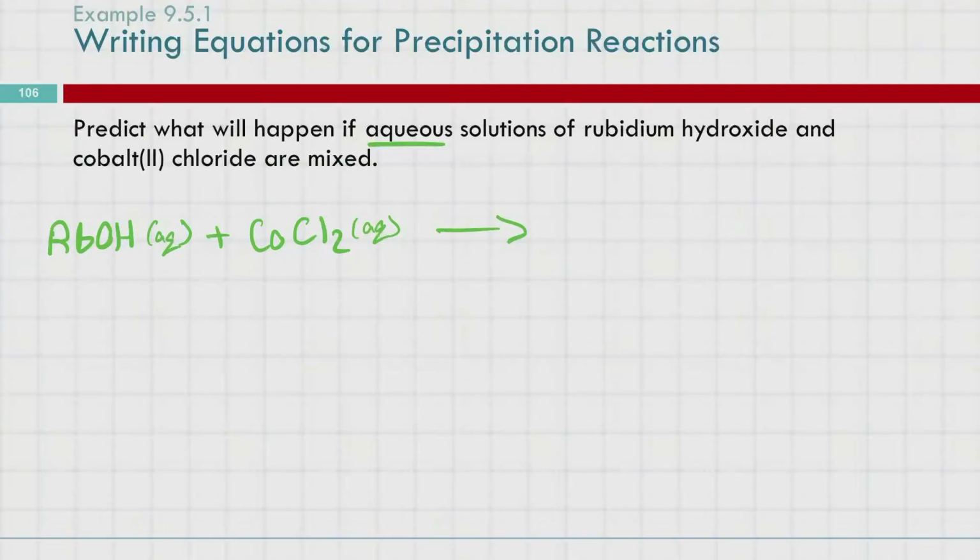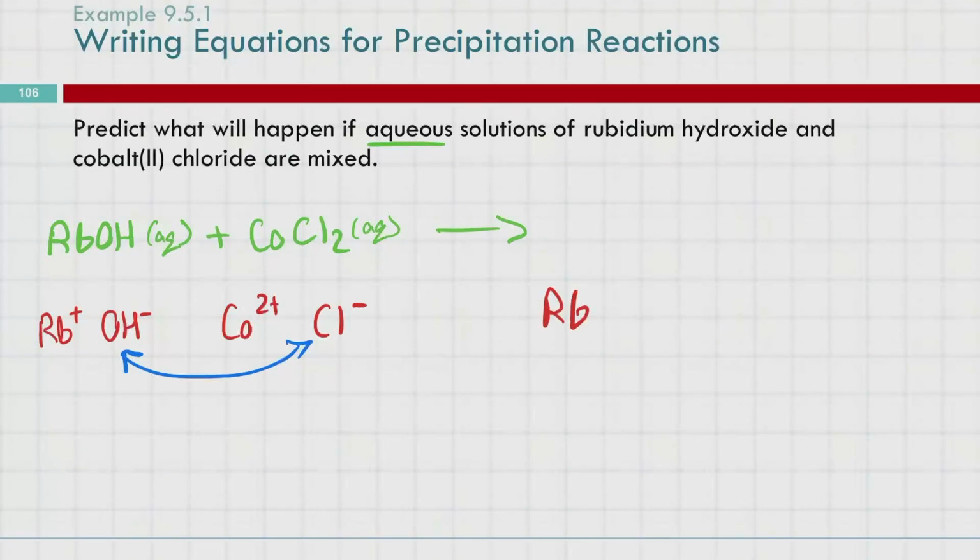If they were to react, they would flip the anions. Those would be the new pairs that we could make. So we can separate these into Rb+, OH−, Co2+, Cl−, swap the anions and rewrite them. Rb+ paired with Cl−, it's the one we swapped.